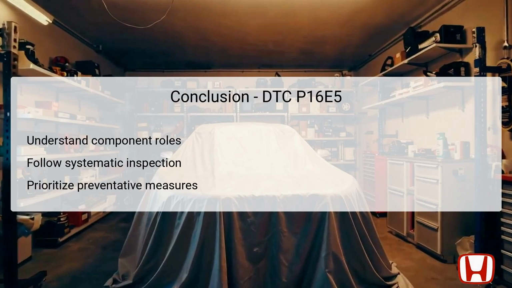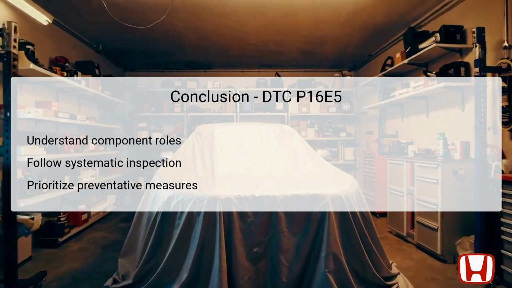In conclusion, comprehending the roles of the PCM, DC-DC converter, and LIN communication system is critical when addressing DTC P16E5 issues. A systematic approach to inspection and troubleshooting will often lead to efficient resolutions, identifying whether the root problem lies within wiring, individual components, or the PCM itself.